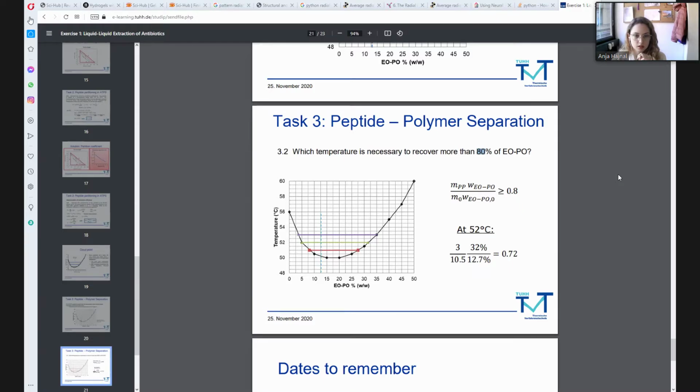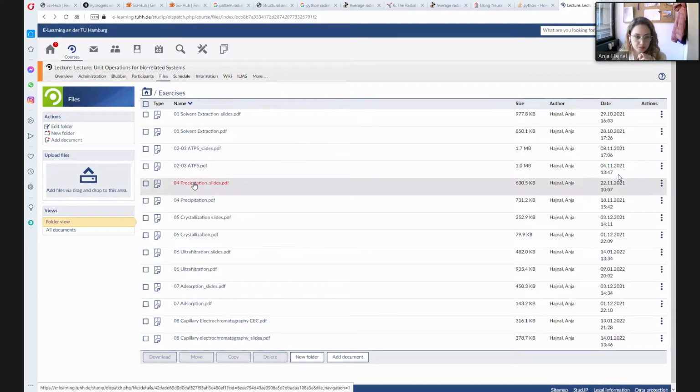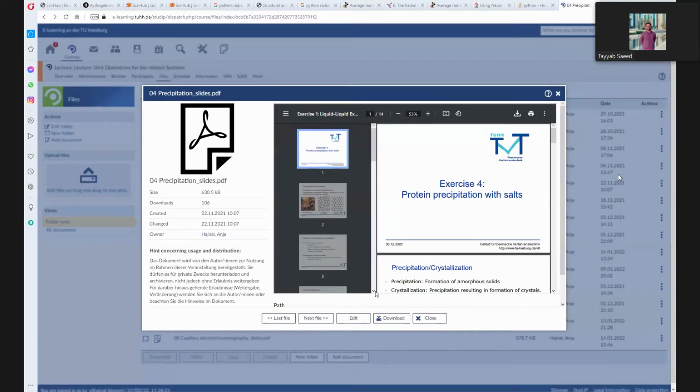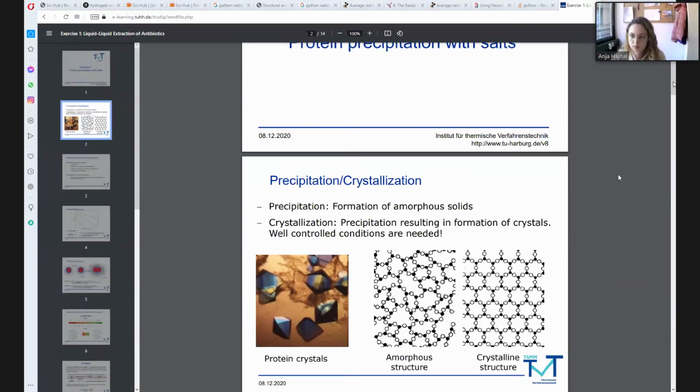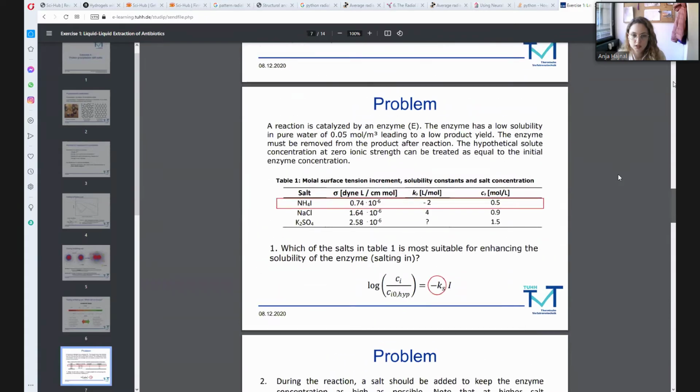Just a second, I just have to double check. Tab, if you are here, please confirm. Yes, ma'am, I'm also opening. So the question was why we chose this salt, correct? Yes, ma'am. Why we chose the NH4I, ammonium iodide?